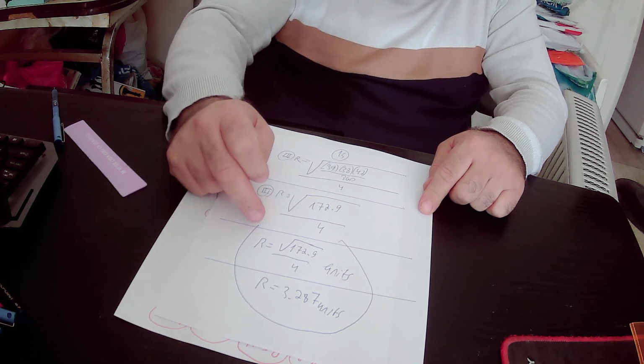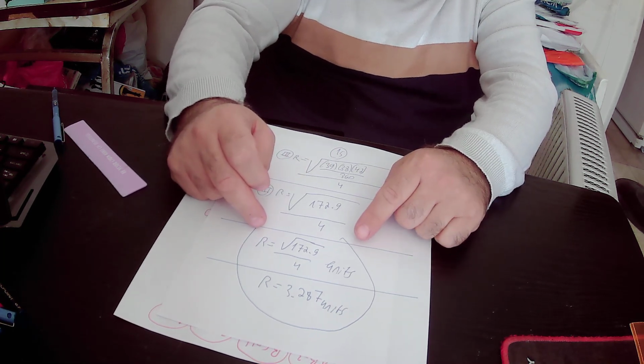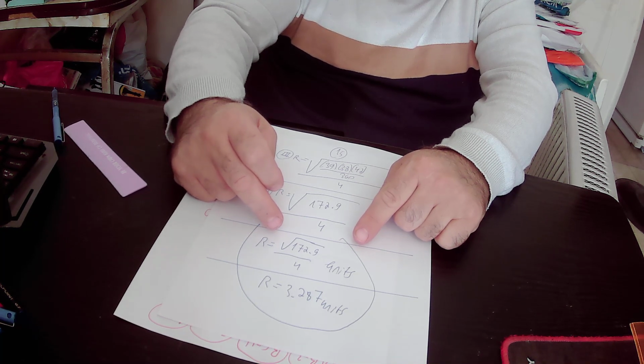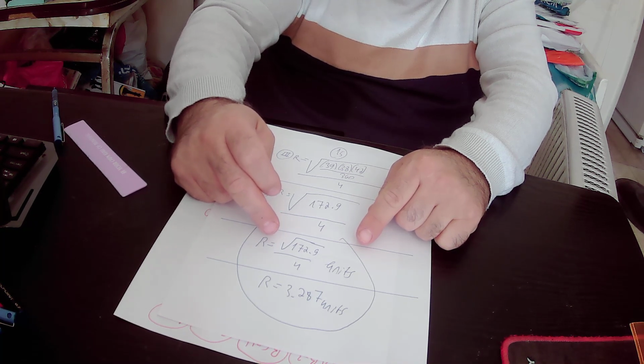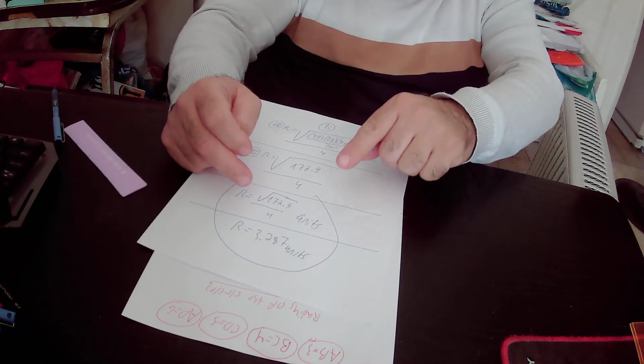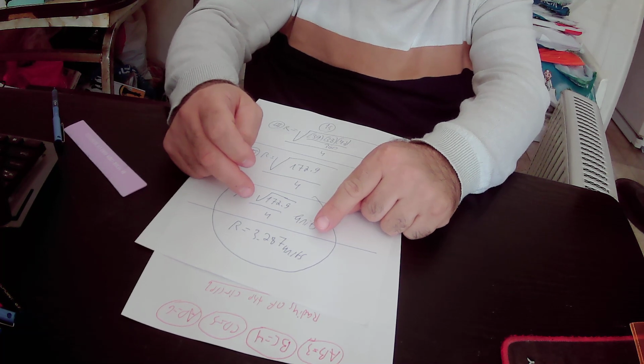So we found out that the radius of the circle that we are looking for equals either the root of 172.9 over 4 units, or in terms of numbers, 3.287 units.